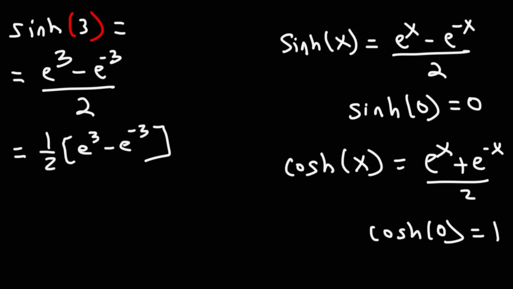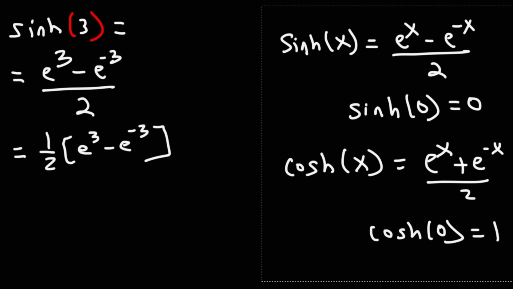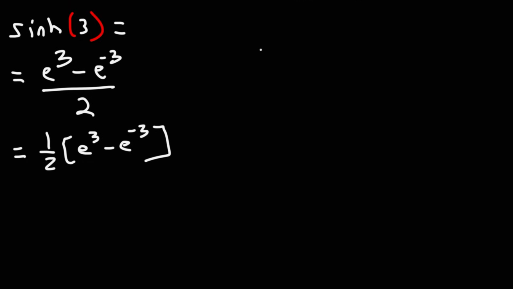And there's really not much we can do in terms of simplifying it. At this point, all we could do is plug this into the calculator. Now, it's good to know that e to the negative 3 is very close to 0. So we can approximate our answer and say it's approximately 1/2 e to the 3rd.